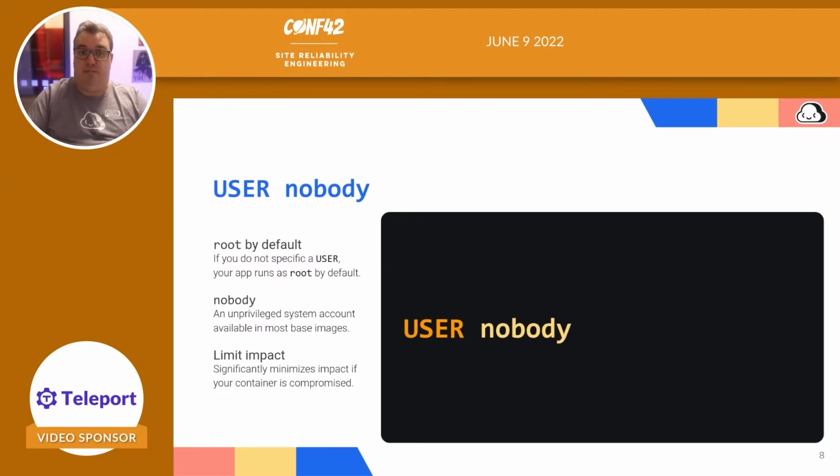If you do not specify a user in your Docker file, your app will run as root. Nobody is an unprivileged system account. It's available by default in Debian, Ubuntu, RHEL, Alpine, Distroless, etc. The Nobody account is intended to run things that don't need any special permissions.